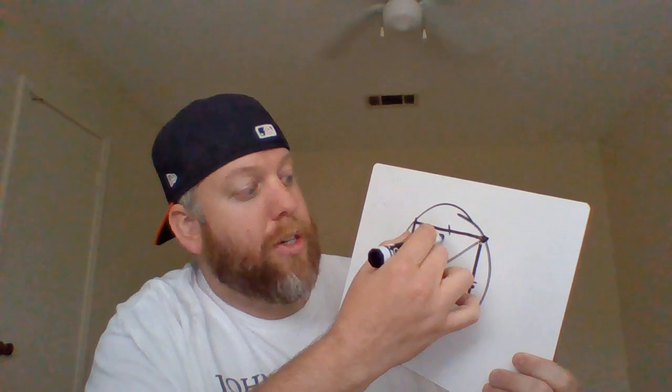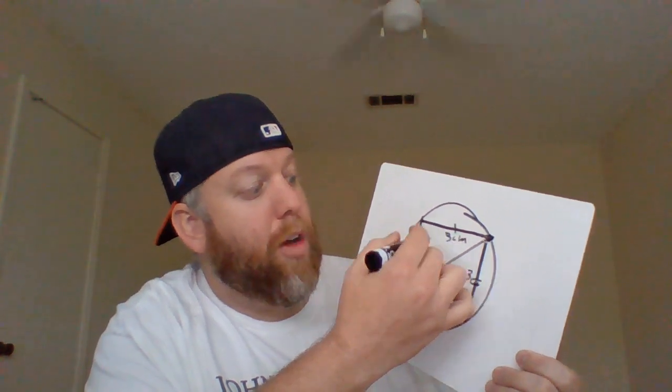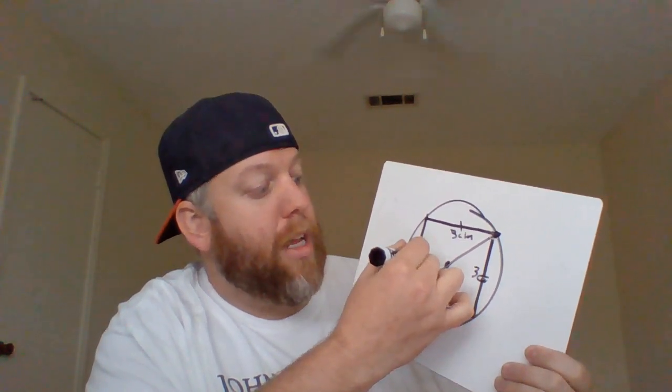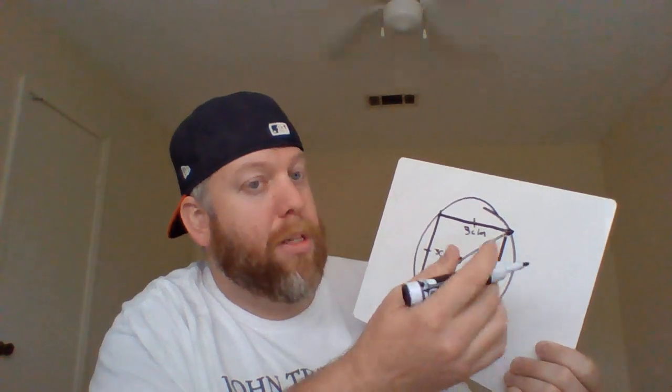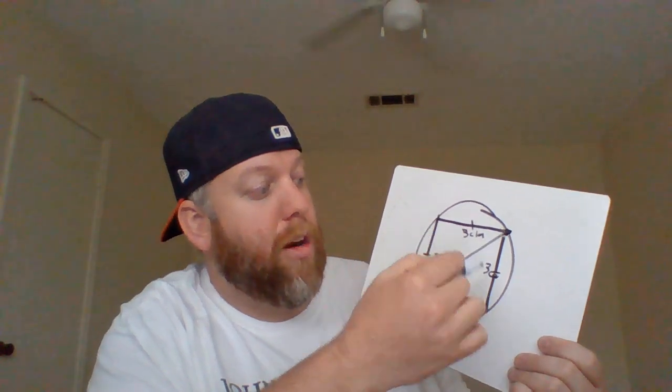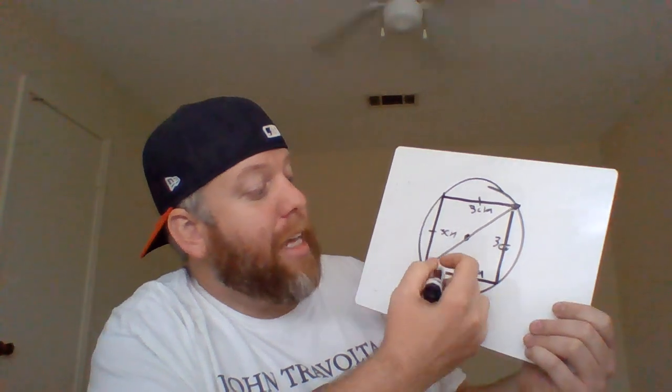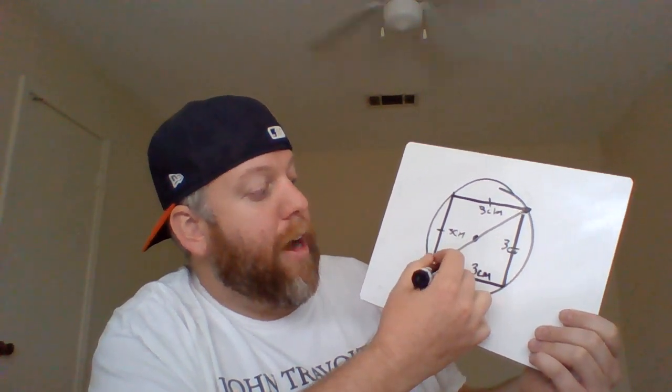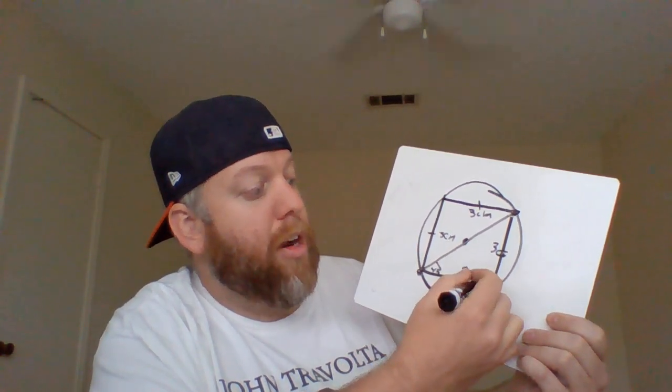So all of these measures are the same length, which helps us know that this is a square, not a rhombus, because it's all inscribed in a circle, so it must be a perfect square if all these chords are the same. So that tells us that these angles right here are 45 degrees and that these are 90 degrees.